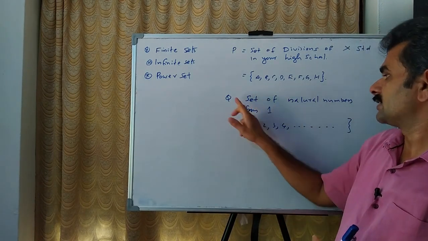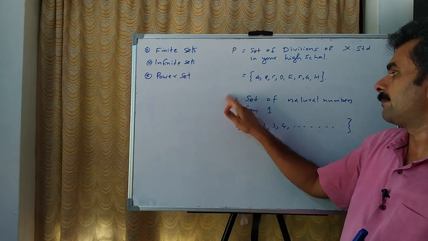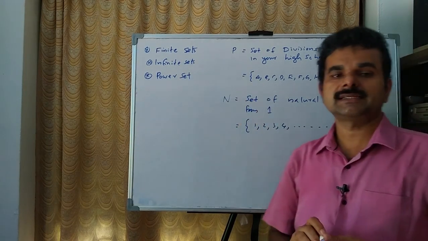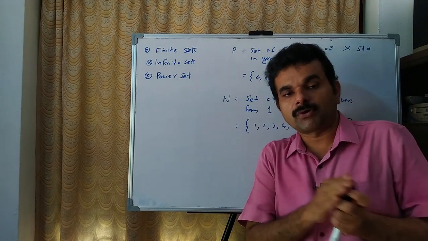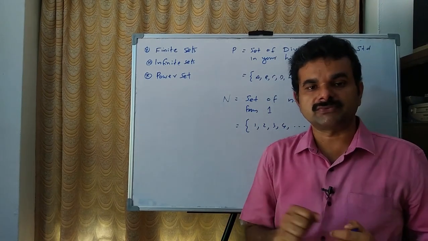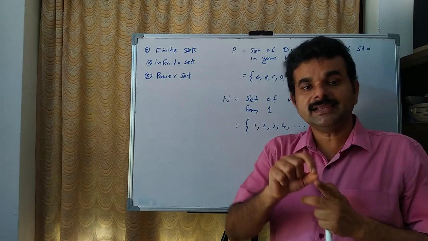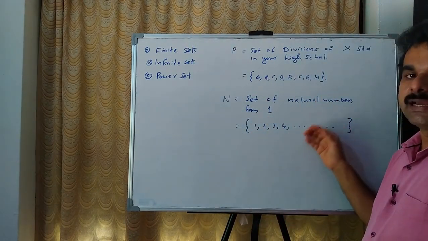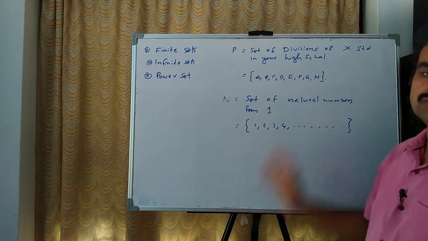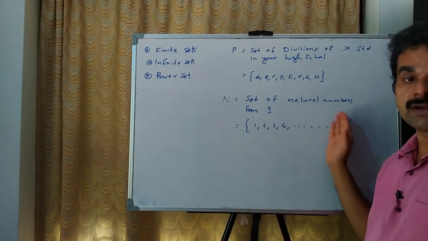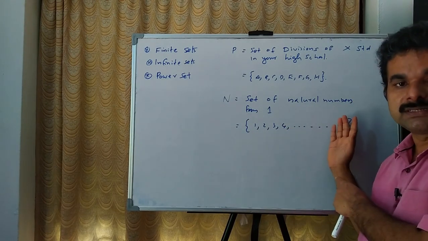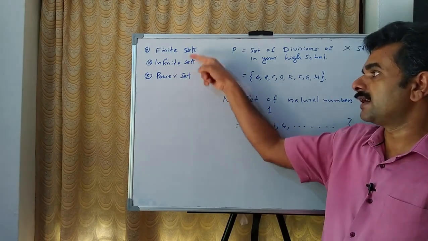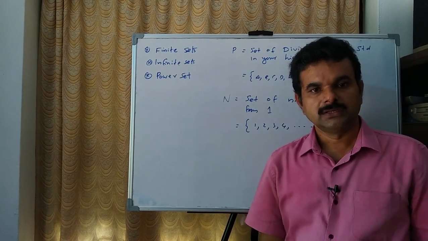Commonly, the set of natural numbers is represented as capital N. So the elements of this set are approaching infinity. What is infinity? It is an imaginary, big number: 1, 2, 3, 4, 5, 6, etc., up to infinity. So this is infinite, isn't it? Its end part cannot be seen. So these are the differences between finite and infinite sets.